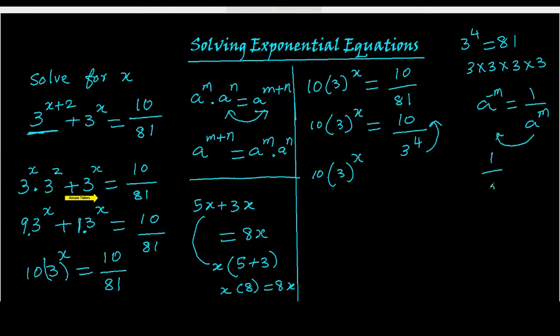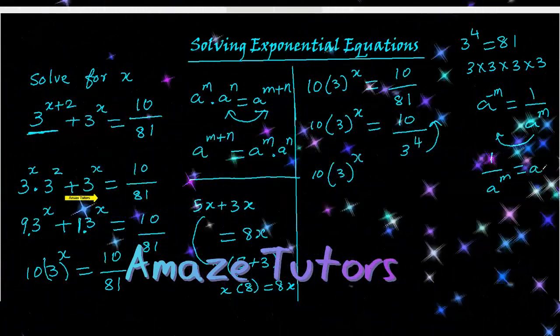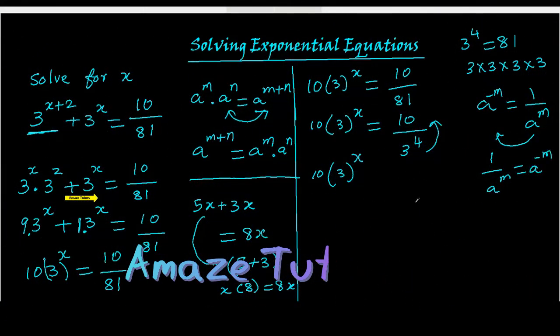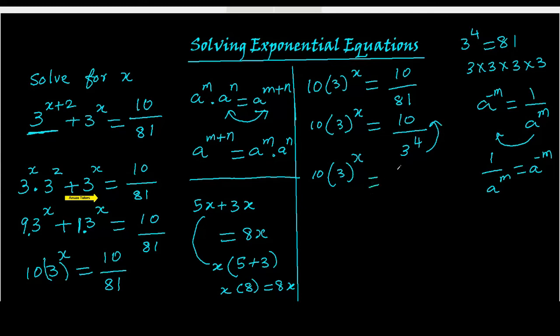If it is 1 over a power m, if you want to bring it to the numerator, make it a negative exponent. That's it. I'm going to apply the same thing here. 10 over 3 power 4 will become 10 times 3 power negative 4 because I am bringing it to the numerator. Applying the negative exponent property, 4 becomes negative 4.